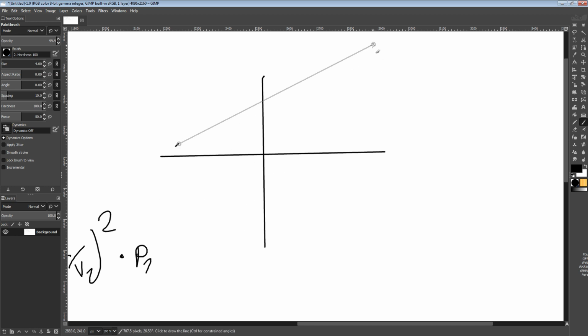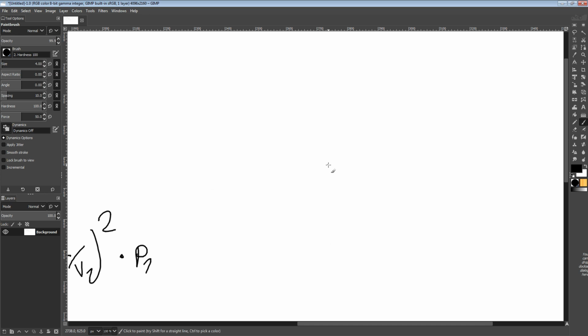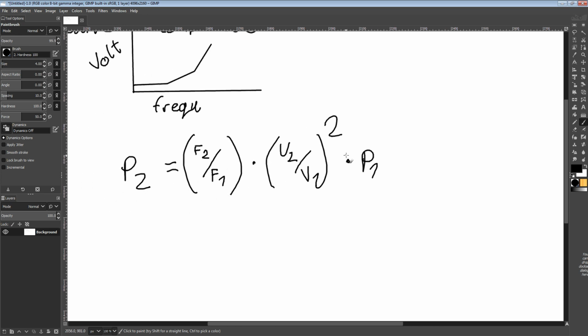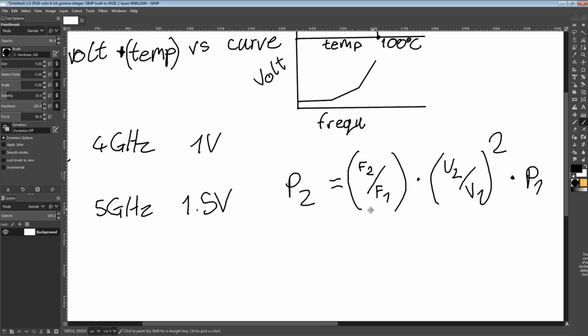The temperature component also changes based on operating voltage, because temperature tweaks your leakage, and your leakage is related to your voltage. So you lower the temperature and it gets weird. We're just going to ignore that and say the temperature for all operating conditions is always the same, which in reality is not going to be the case, because we have much different thermal densities after we solve this.